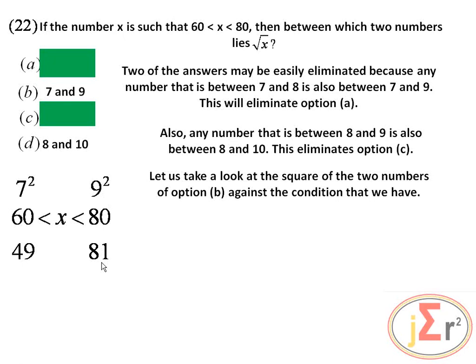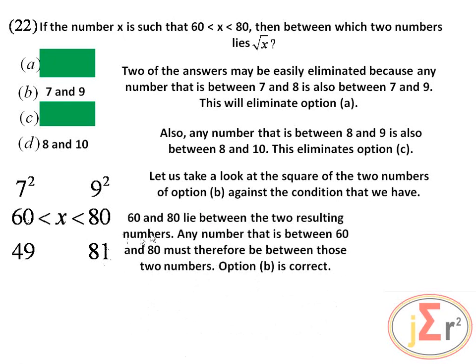Of course, what do we know? 60 and 80, they both lie between the two resulting numbers. So 60 is between 49 and 81, and 80 is between 49 and 81. So we are sure that any number that is between 60 and 80 must therefore be between those two numbers, and option B is correct.